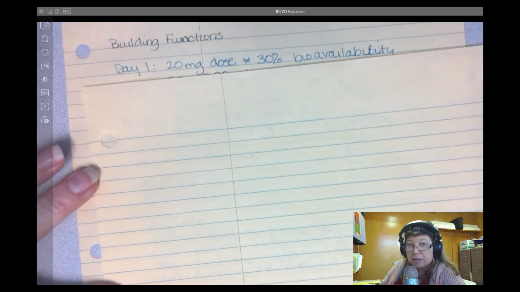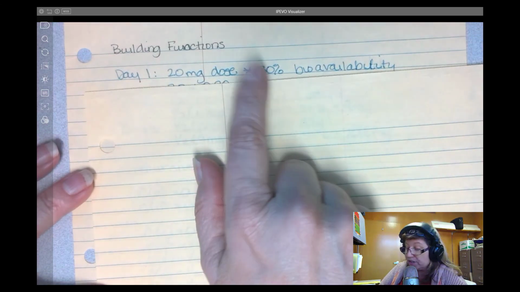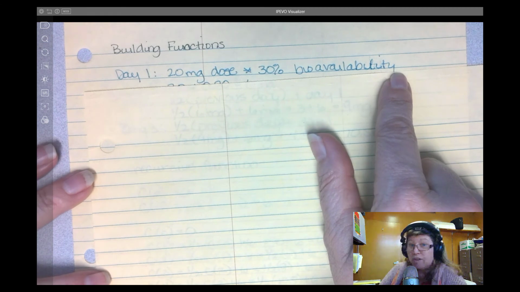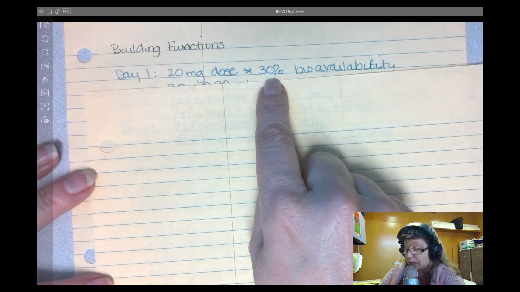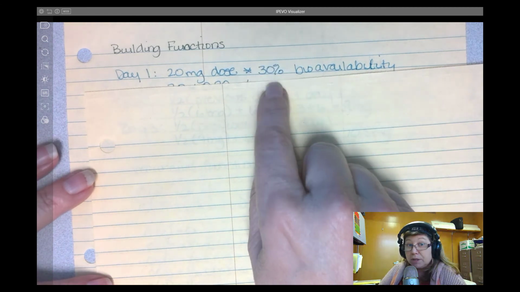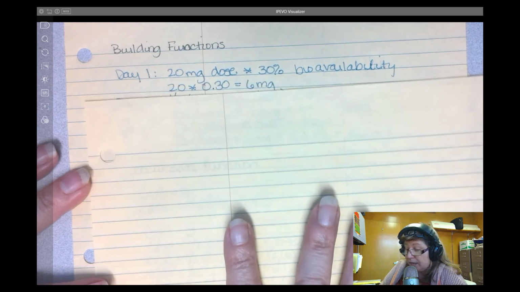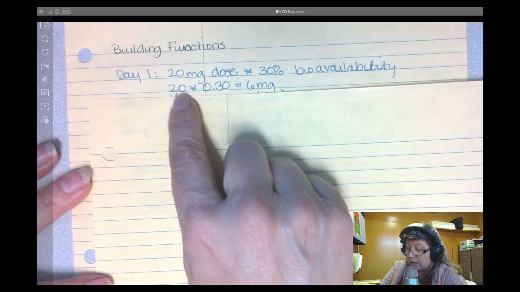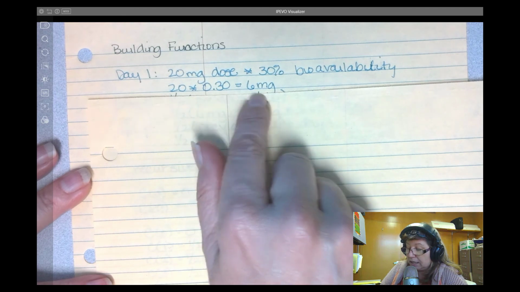Okay, so here we go. On day 1, he takes a 20 milligram dose, and 30% is bioavailability. That means his body is going to absorb it and leave 30% in his bloodstream. So that's 20 times 0.30, which is 6 milligrams.